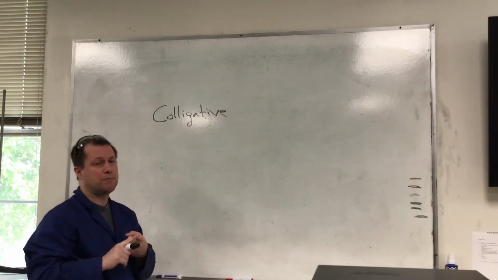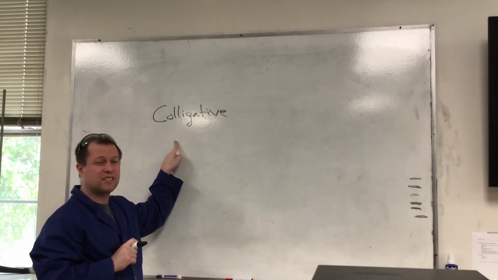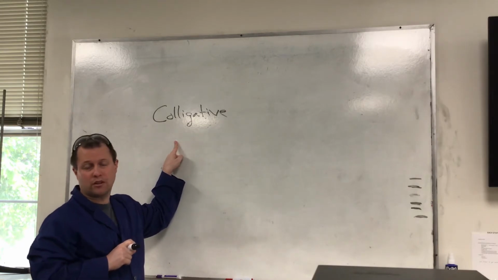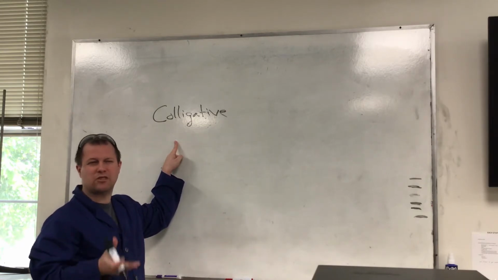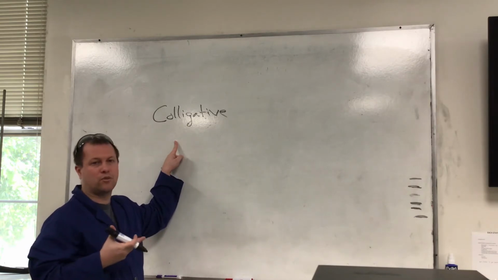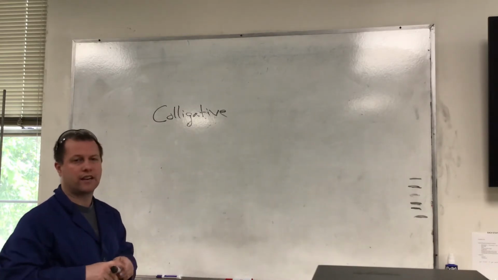One of the unique things about colligative properties is they don't care what the substance is that's dissolved in your solvent. It's really just about how many particles are there. You'll see that this has some interesting impacts depending on whether the solute is a covalent molecule or an ionic compound, and whether the solution is aqueous or not. We'll talk about that with the van 't Hoff factor in a moment.